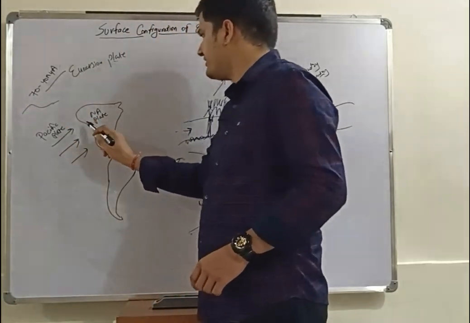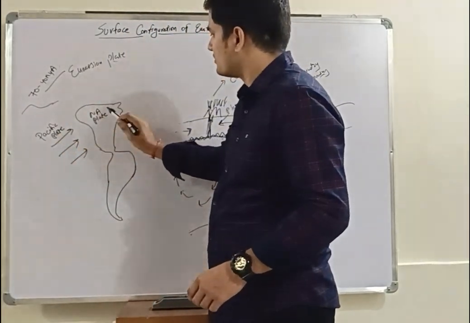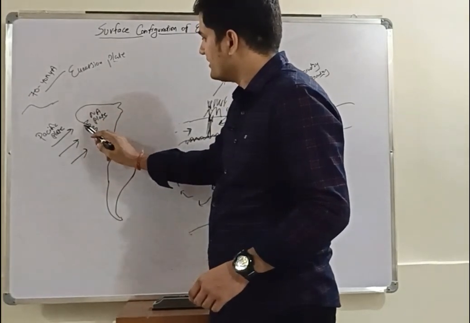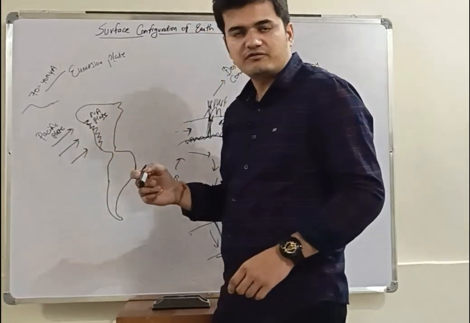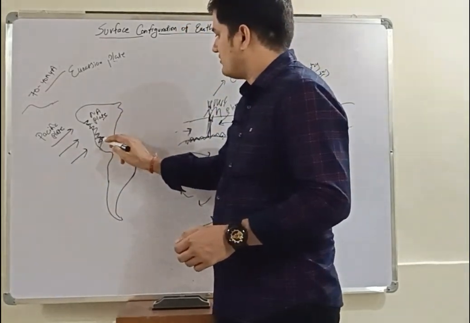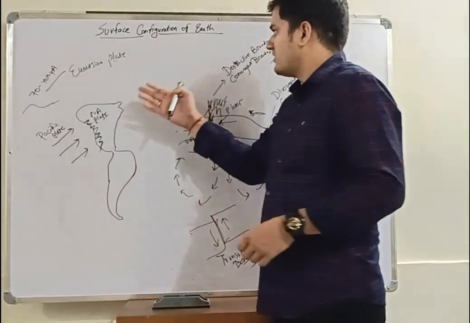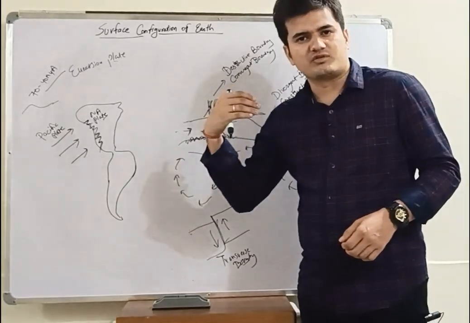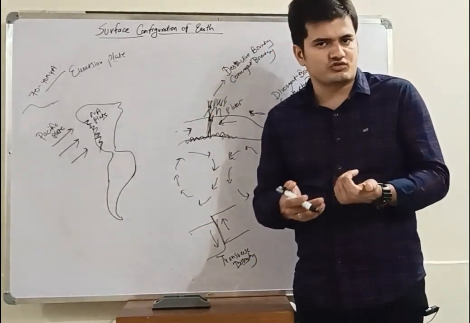So when the Pacific plate converges toward the North American plate, it forms fold mountains, and this creates the formation of the Rocky Mountains, which are arranged in a north to south direction. So this is how plate tectonics can explain various landforms which have evolved on the surface of Earth.